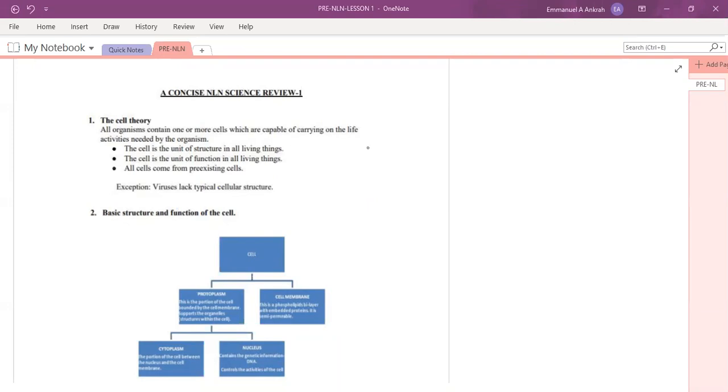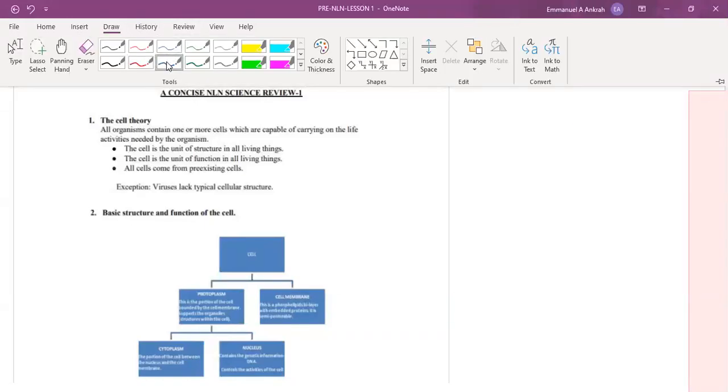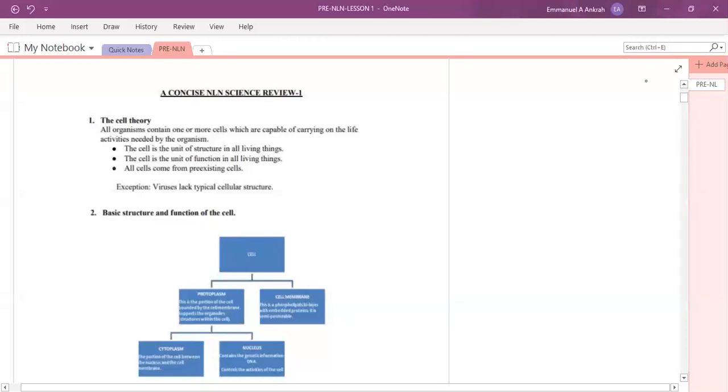So if you have the cell, I'm going to draw that here. Okay, so the cell looks like this.